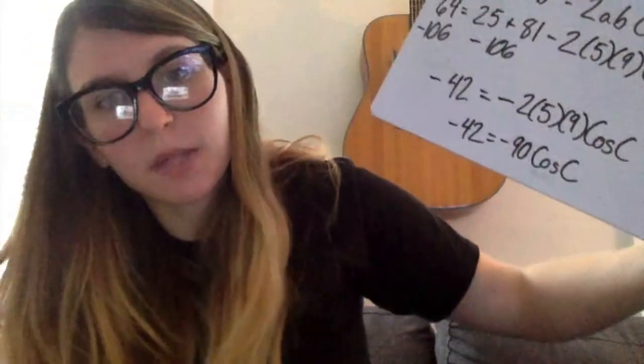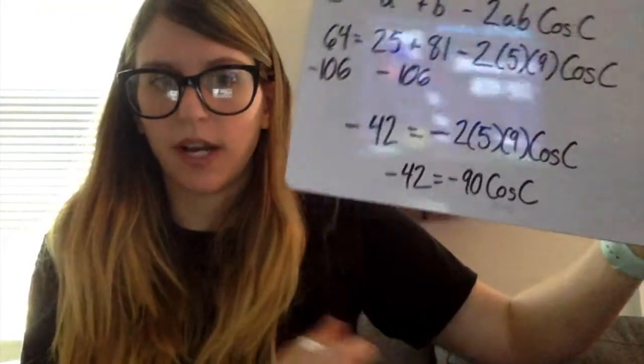And this is why the negative is important, so that I have a negative divided by negative, and it gives me a positive. When I divide them both, it leaves me with 0.46 repeating equals cosine C.